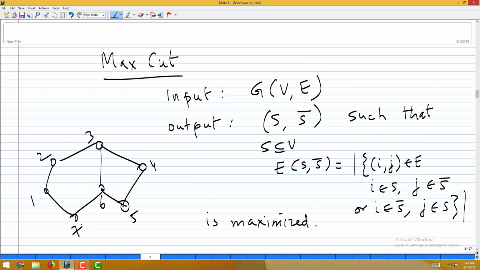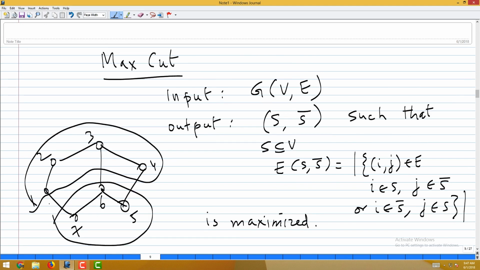So, if I pick 1, 2, 3, 4 in one part and 5, 6, 7 in another part, how many edges are across the cut? 3 edges are going across the cut, right? 3 edges are going between the two parts. I do not know whether this is a max cut. You can maybe come up with a different partition where you will have more edges crossing the cut.